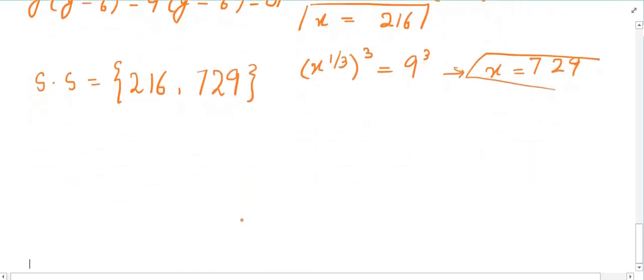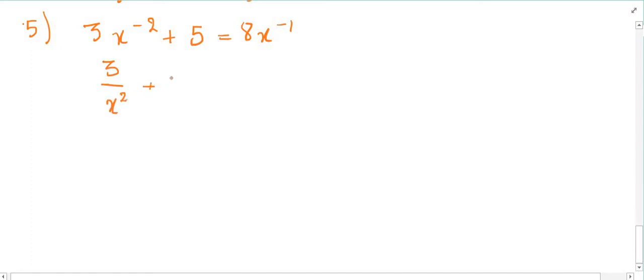Okay. Next, 5 is 3x^(-2) + 5 = 8x^(-1). First convert the negative exponents of these variables into positive. How? Just shift them to the denominator. 3/x^2 plus 5 minus 8 by x equals 0.